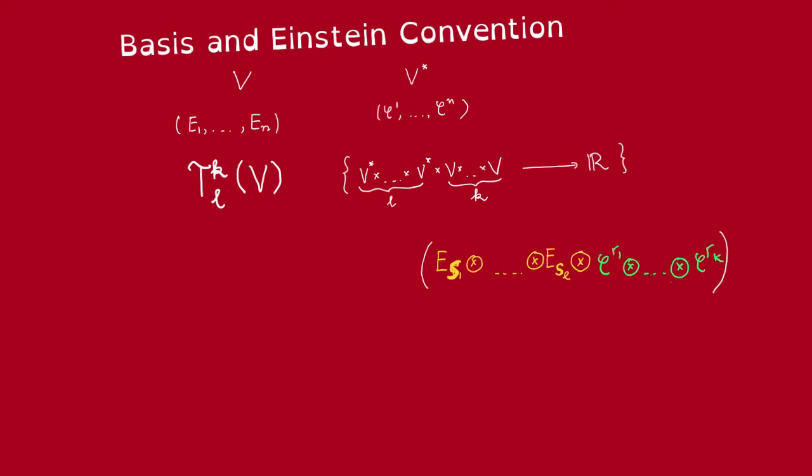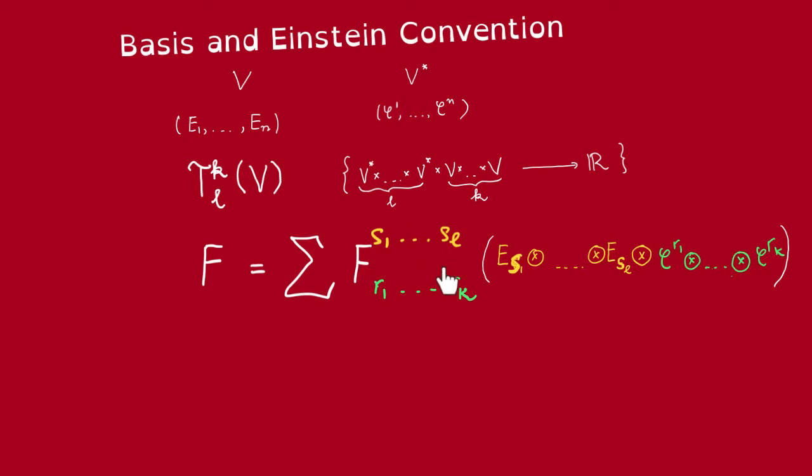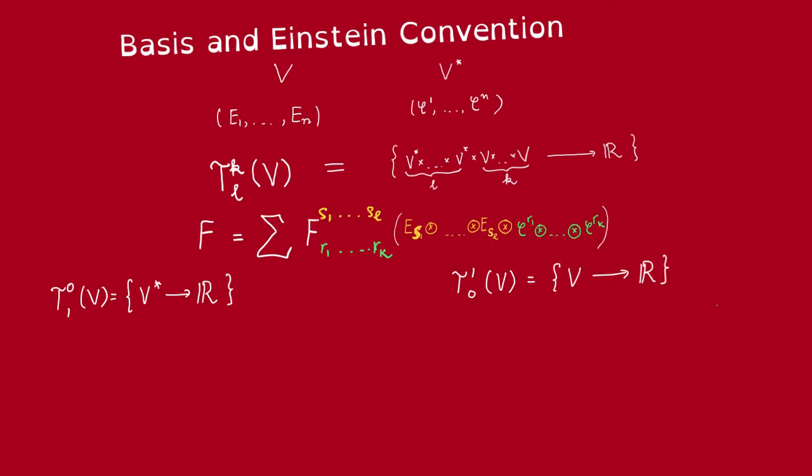That means given a tensor in here, I should be able to write it as a linear combination of these basis elements. So what are these coefficients here? How do we find these coefficients? Well, to understand this, maybe let's look at some easy cases. Let's look at (1,0) and (0,1). The (1,0) tensors are just the linear functionals, the covectors.